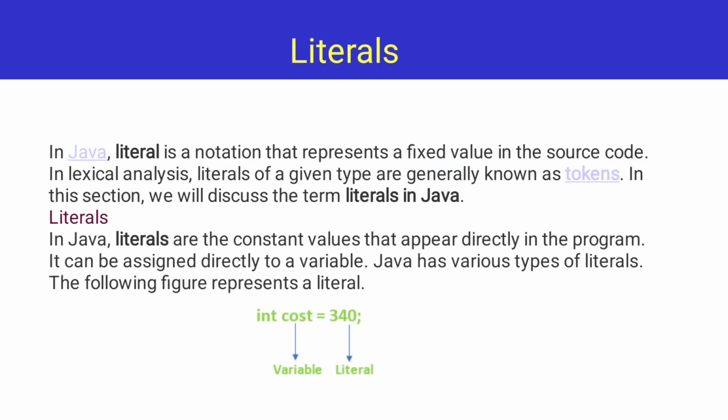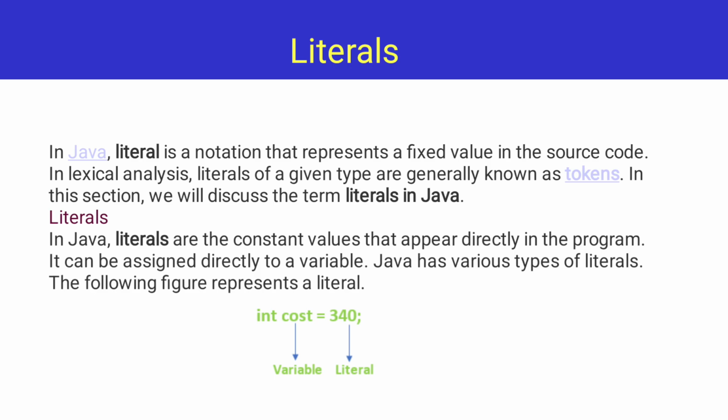Okay, now moving towards literals. What is a literal? A literal is a notation that represents a fixed value in the source code. Literals of a given type are generally known as tokens. In this session we will discuss the term literals in Java. What is the exact meaning of literals?